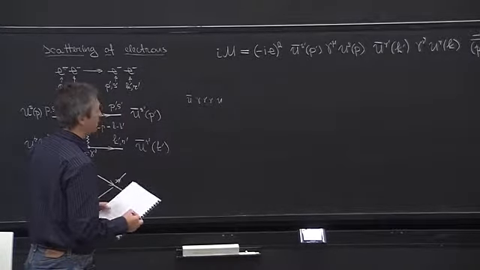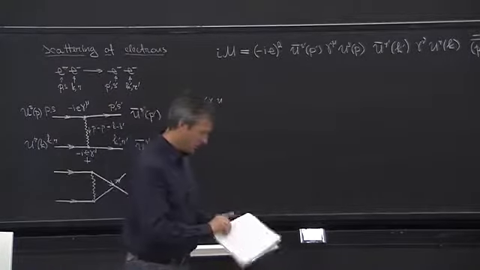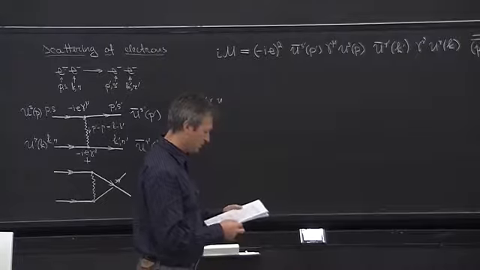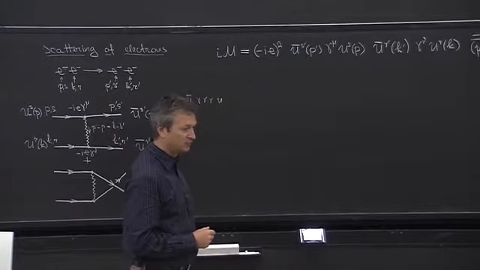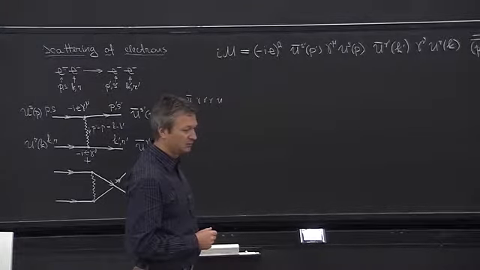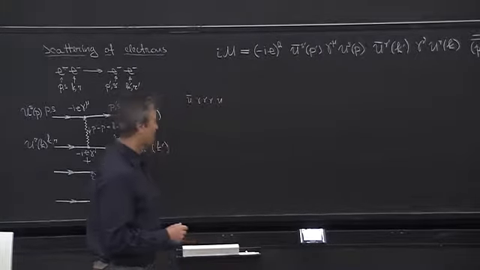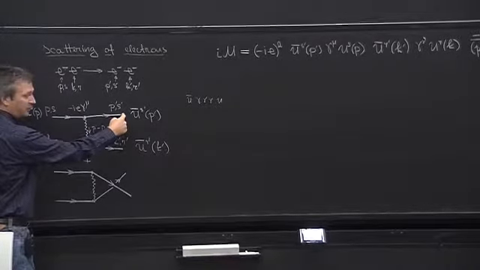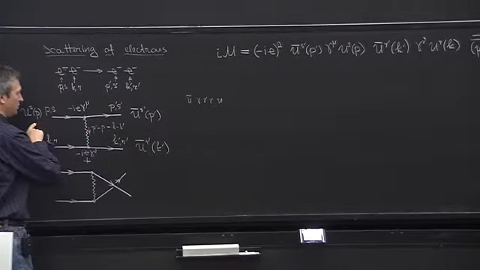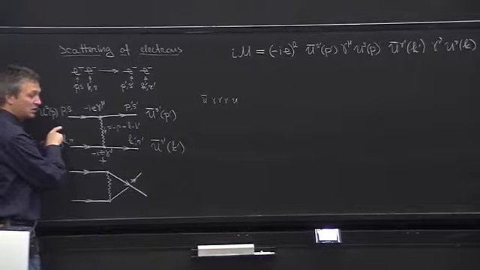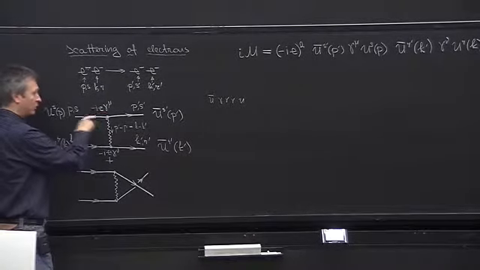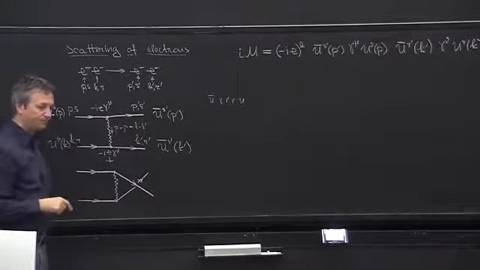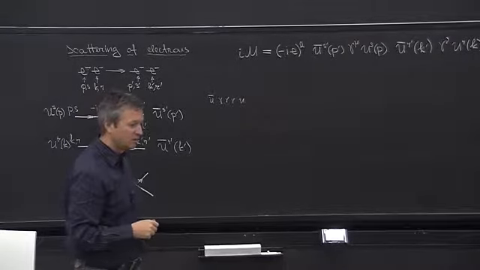Okay, so yes. In this particular case, the line ends here, so we need to read electron lines against the flow of charge, so in the opposite direction to the arrows.